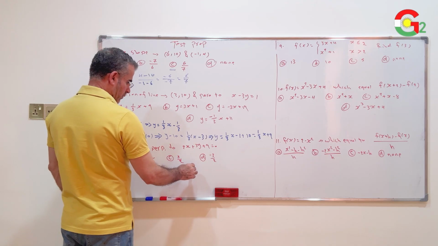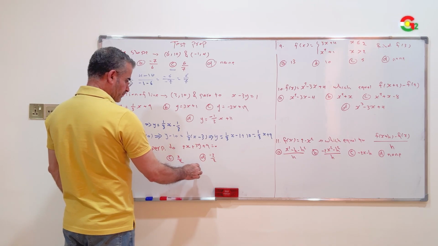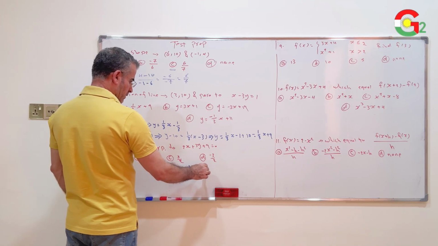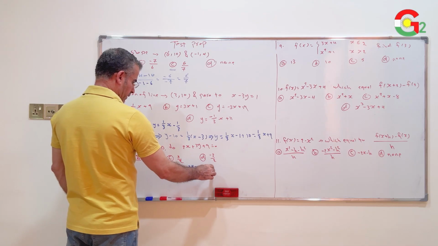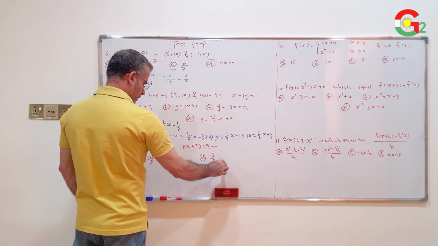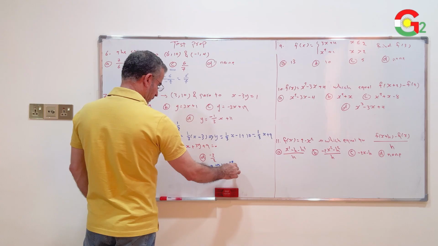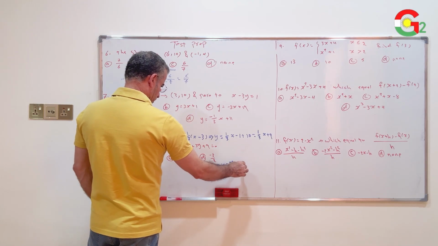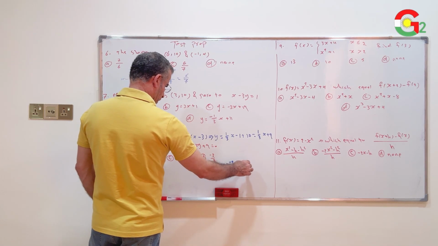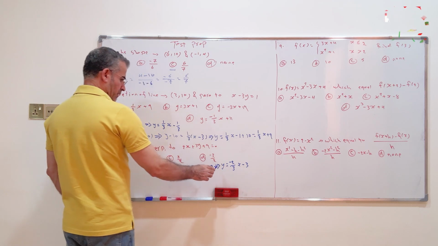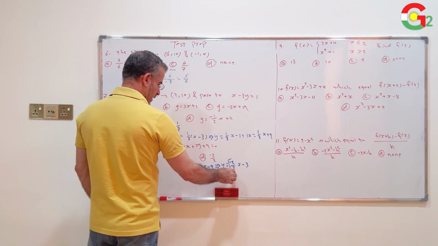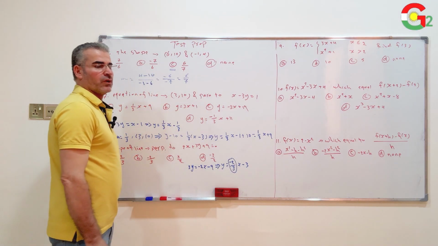Then 3y equals negative 2x minus 9. Then y equals negative 2 over 3 x minus 9 over 3. Then the slope of this line is negative 2 over 3.